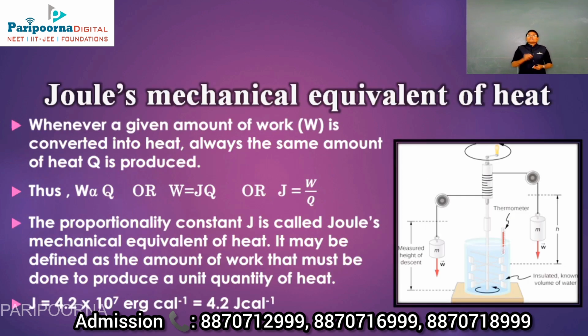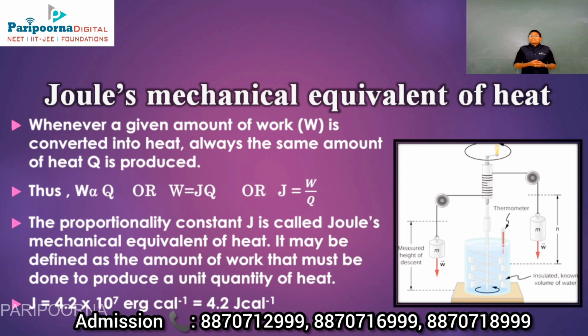And here comes Joule's mechanical equivalent of heat. Whenever a given amount of work is converted into heat, always the same amount of heat, Q, will be produced. So W is proportional to Q, or W is equal to J times Q, or J is equal to W by Q. Therefore, the proportionality constant J is called Joule's mechanical equivalent of heat.